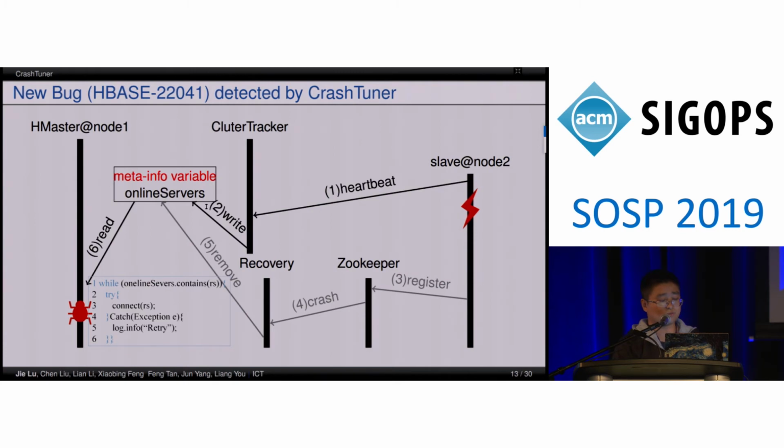So when HMaster reads the meta-info variable, it still thinks the dead node is alive. So it will connect to the dead node again and again, and print thousands of errors. The master hangs.